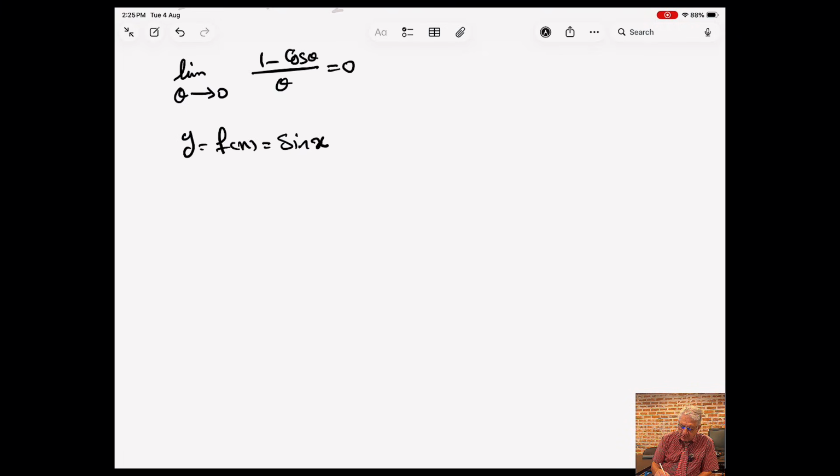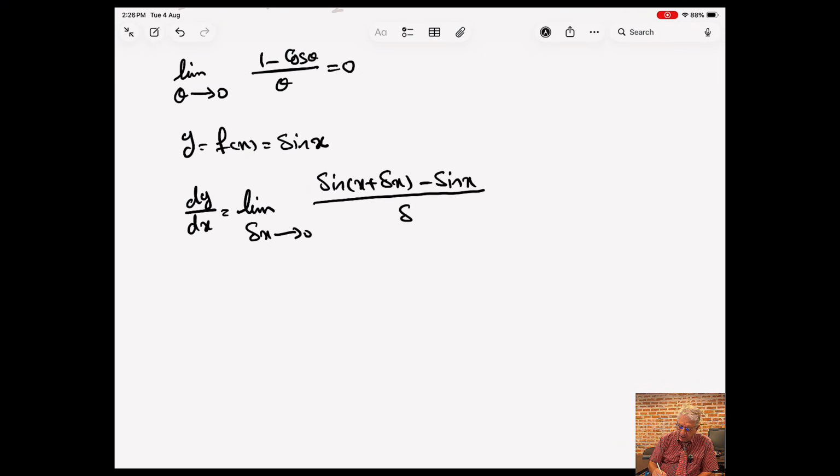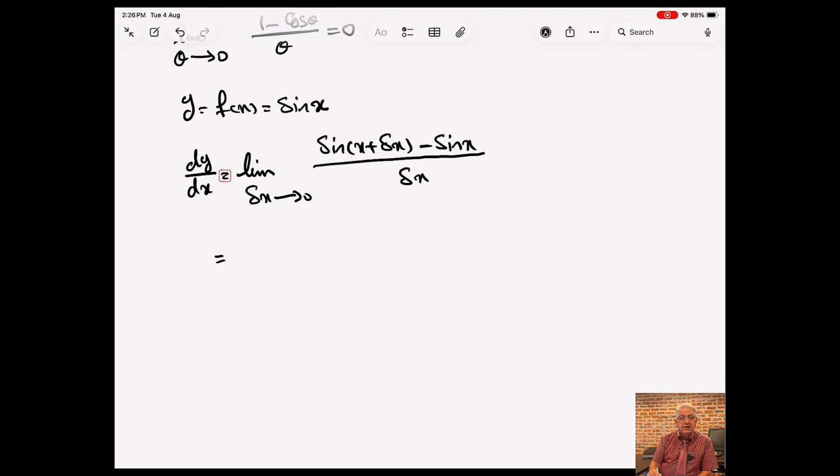Now we know that dy by dx is equal to the limit as delta x goes to 0 of sine of x plus delta x minus sine x, divided by delta x. I can expand this: sine of alpha plus beta is sine alpha cos beta plus cos alpha sine beta.